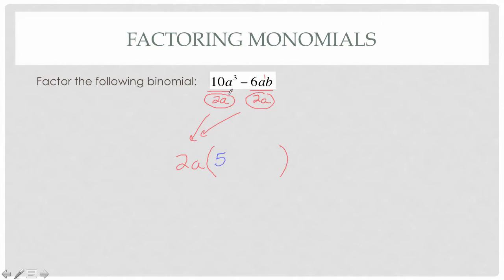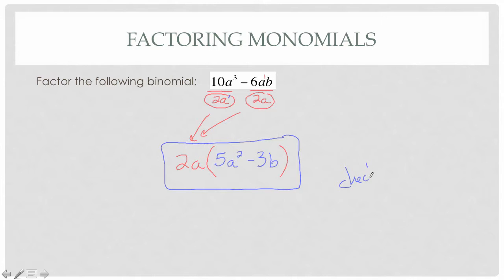A to the third divided by a is going to leave a squared left, minus 6 divided by 2 is 3. A to the first divided by a to the first, those divide out to be 1, so I don't have any more a's, and then I just have the factor of b left. So there we go. If I want to factor the binomial, we just factored out the greatest common factor, put it in front with parentheses, and divided to see what was left in the parentheses.